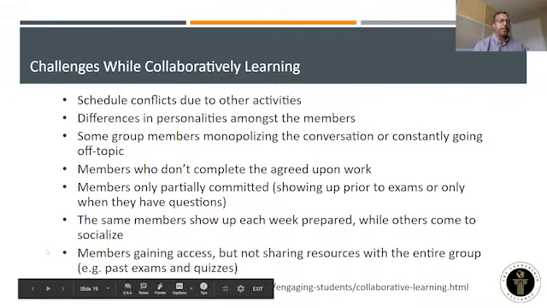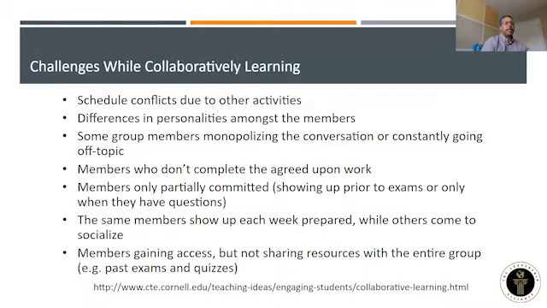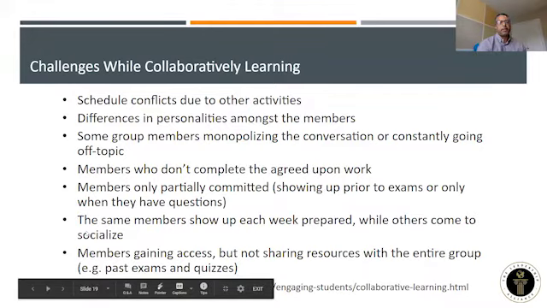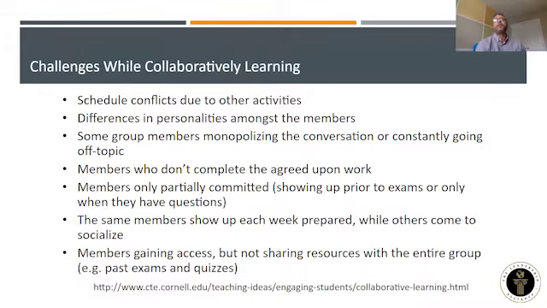But we all know that there are some things that can happen to mess with the dynamics. And so these are some of the challenges that need to be overcome. And a lot of these you can address by being intentional and deliberate in the planning of the groups. So there are scheduling conflicts and personality differences. Some people might be a toxic influence on the group or end up dominating the conversation.